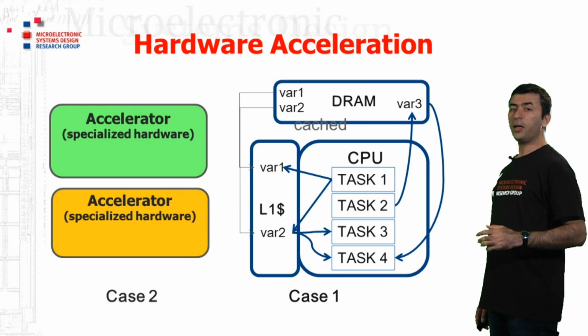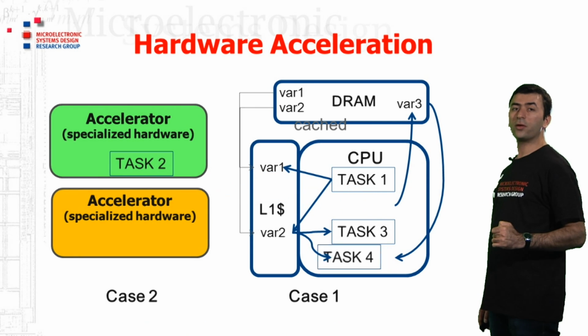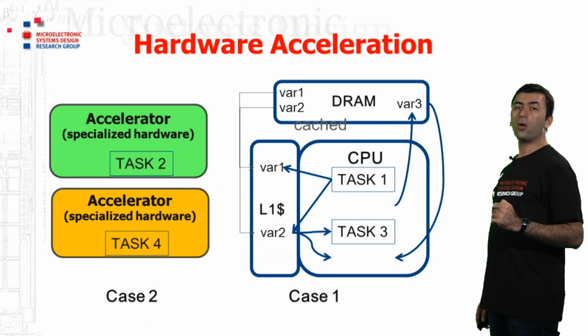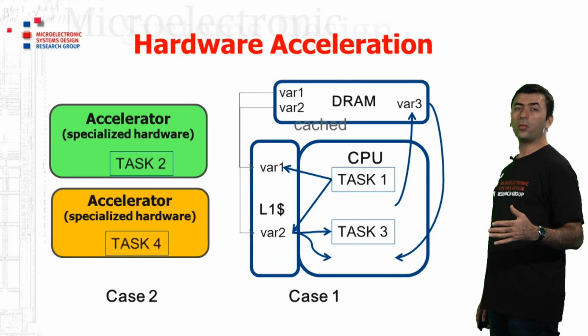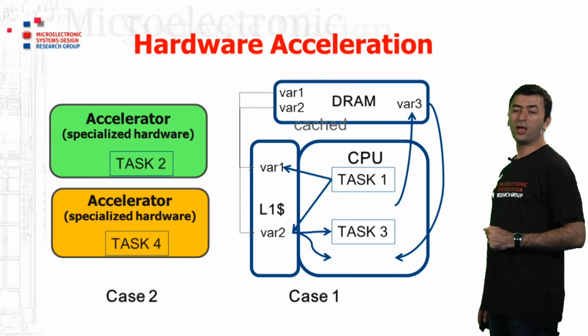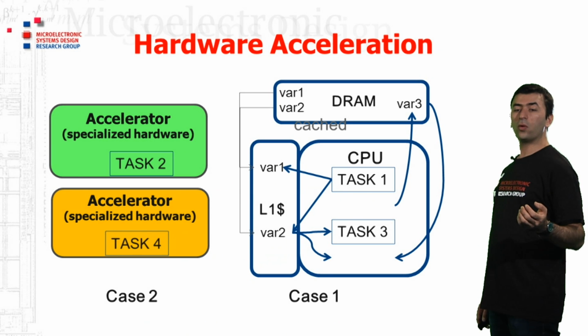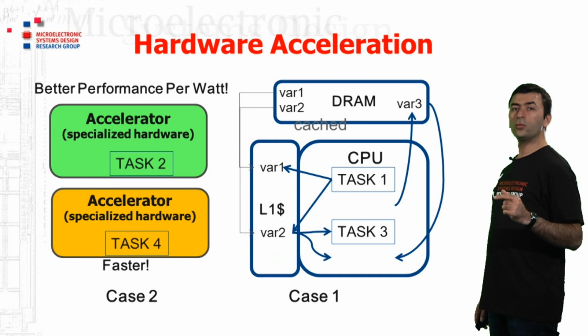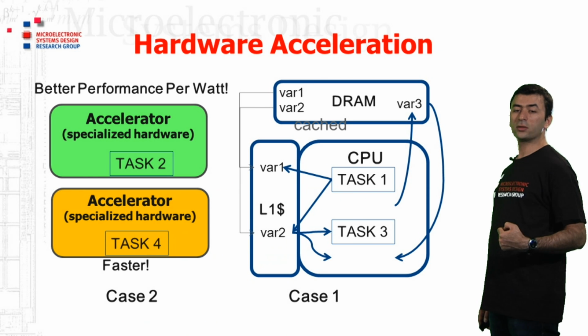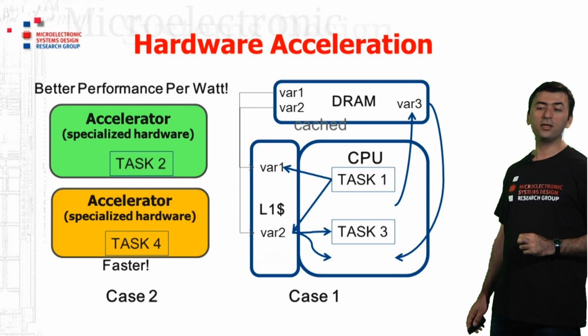Now, I may introduce some specialized hardware units that I call accelerators, capable of executing some or parts of these tasks, and I may offload the computational tasks from the CPU to the hardware accelerator. This way, I will be able to do my executions with better performance per watt and in a shorter period of time. But it is not necessarily that easy.